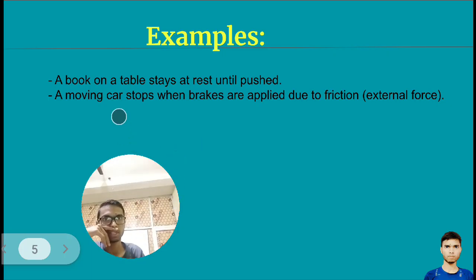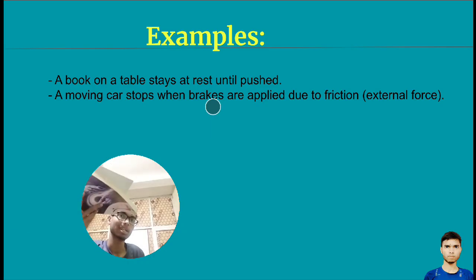Examples, we have examples. A book on a table. Right now I have books, I have copies. It will be at rest if I do not do anything with this book. But I need to show the book in front of me to you.